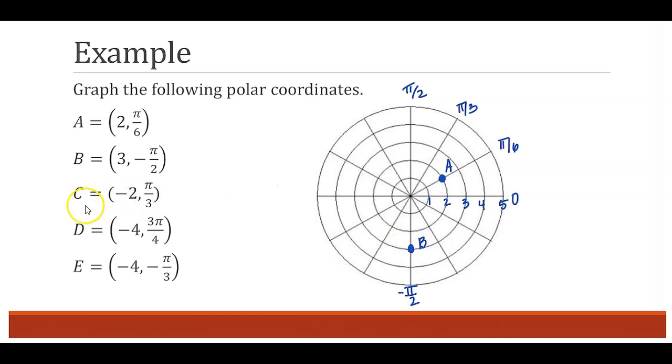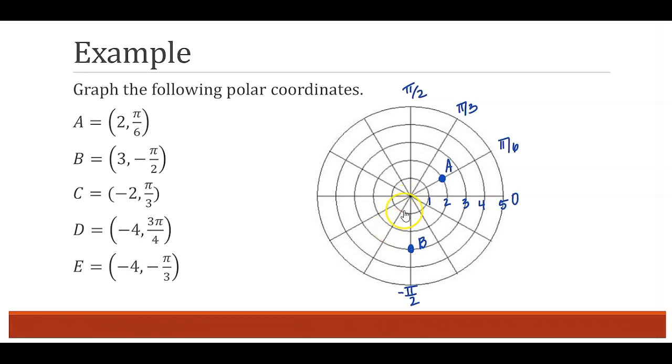Let's move on to C. We have (negative 2, pi over 3). So here we're going to start at the angle pi over 3. So here it is over here in quadrant 1. However, our directed distance is negative 2. So instead of going 2 units, going out these 2 rings towards pi over 3, I'm going to go in the exact opposite direction.